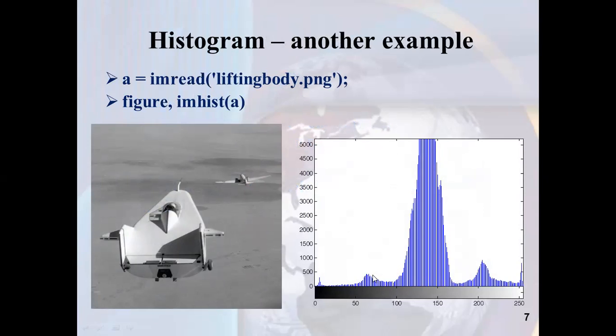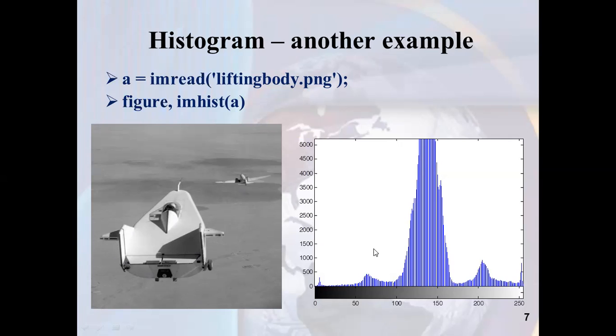While here we have a slight peak for dark color that represents this part of the airplane, the dark part here, also the wheel. And here we have a small white peak, which is this part lit by the sun, this part and this part. So we have a small peak.